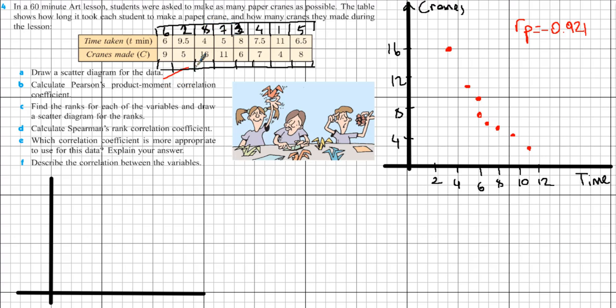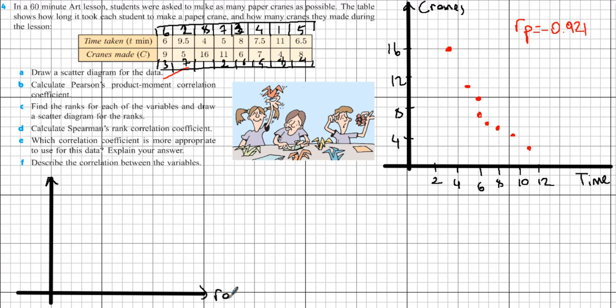Let's do the same for the cranes. So 1, 2, then comes 3, 4, 5, 6, 7, and 8. Now let's check again.